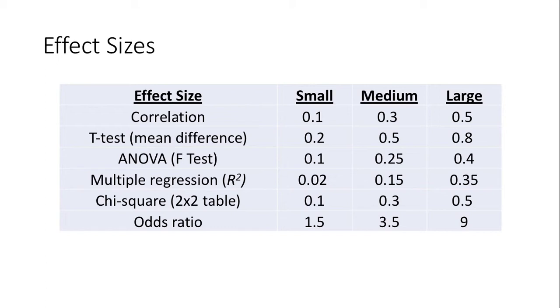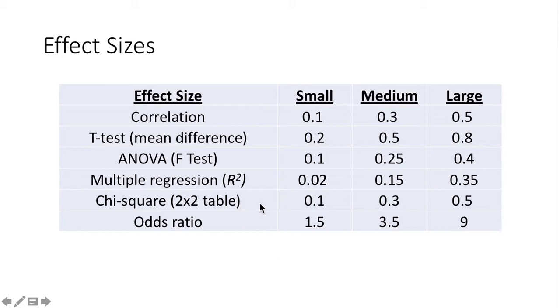Here's another table to keep handy that you can refer back to, which I've just brought over. I added a few other common statistical tests we've talked about in this course. The ones that I've added here for you are the F-test effect sizes, 0.1, 0.25, 0.4. R-squared from a multiple regression, you can see those values here.